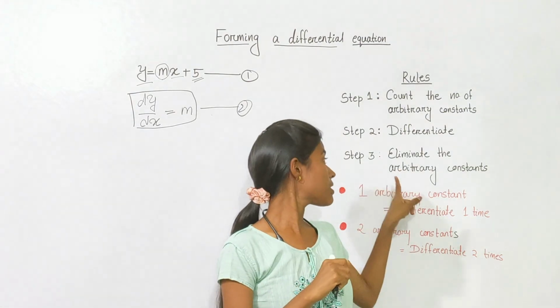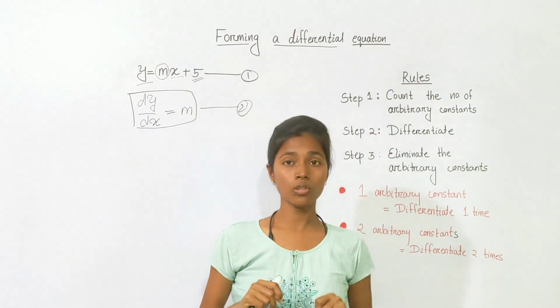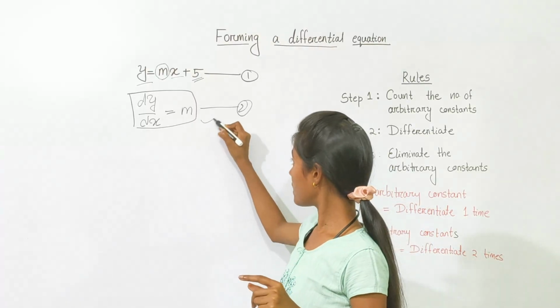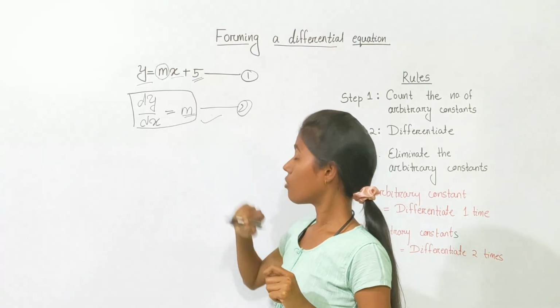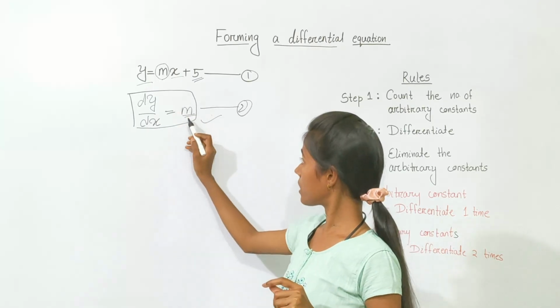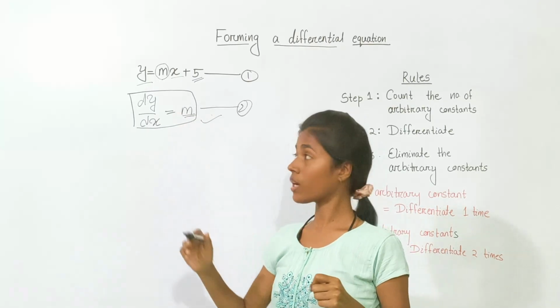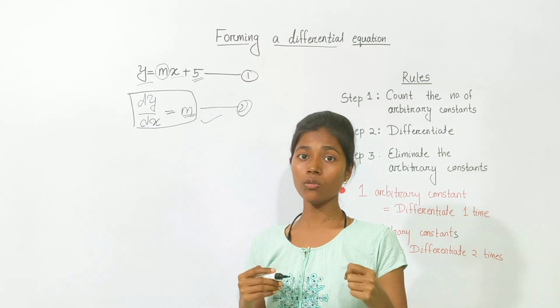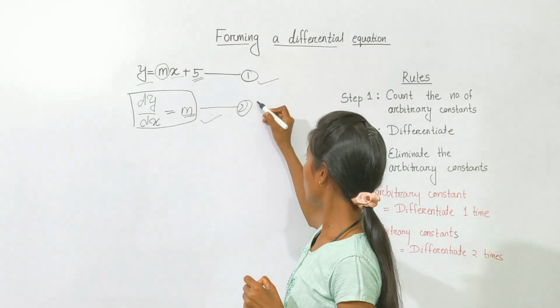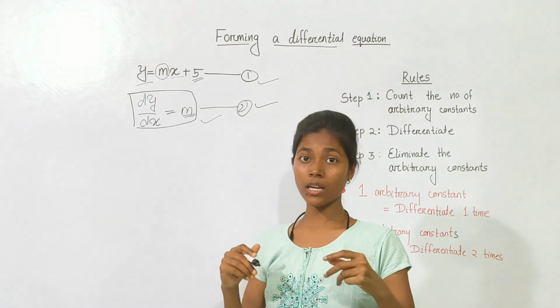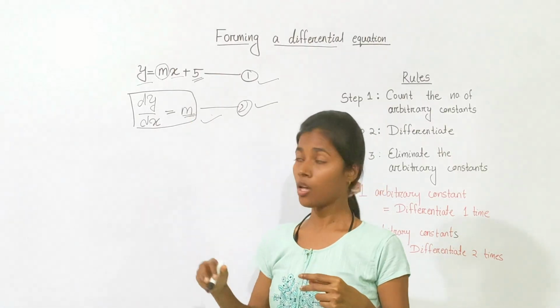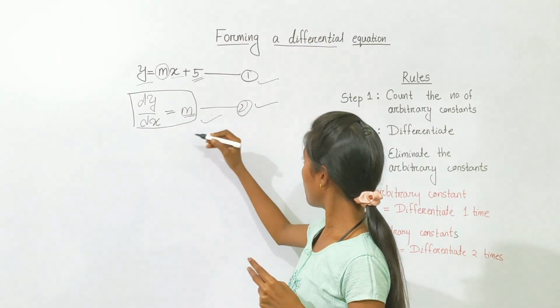So the next step is to eliminate the arbitrary constant. You can see in this equation there is one arbitrary constant which is m. So we want to get rid of it. How will we do it? We will try to mix these equations and eliminate this m.